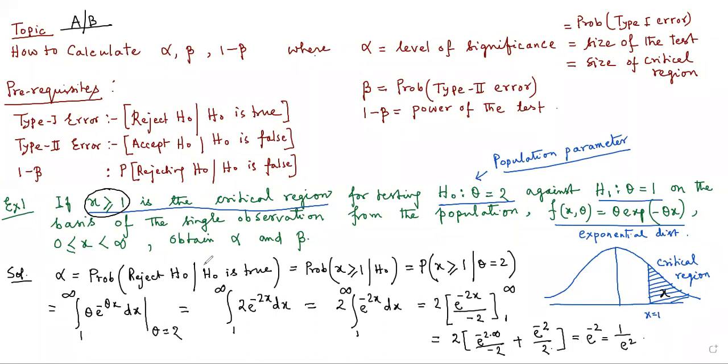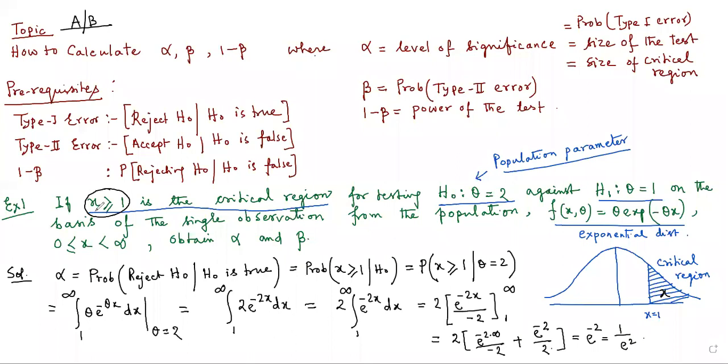Just look at what I have done. I'm again explaining. Alpha is the probability of committing type 1 error. It is also known as the size of the test, also known as the size of the critical region. Type 1 error means rejection of the null hypothesis when the null hypothesis is true.